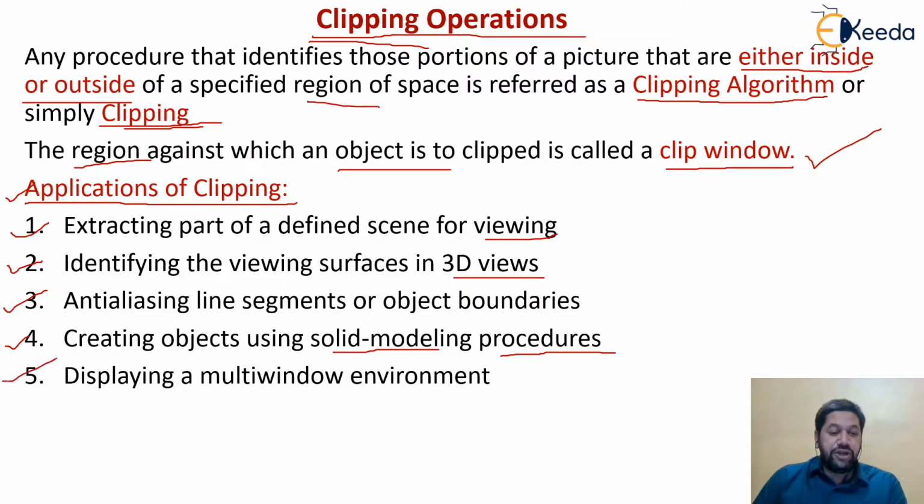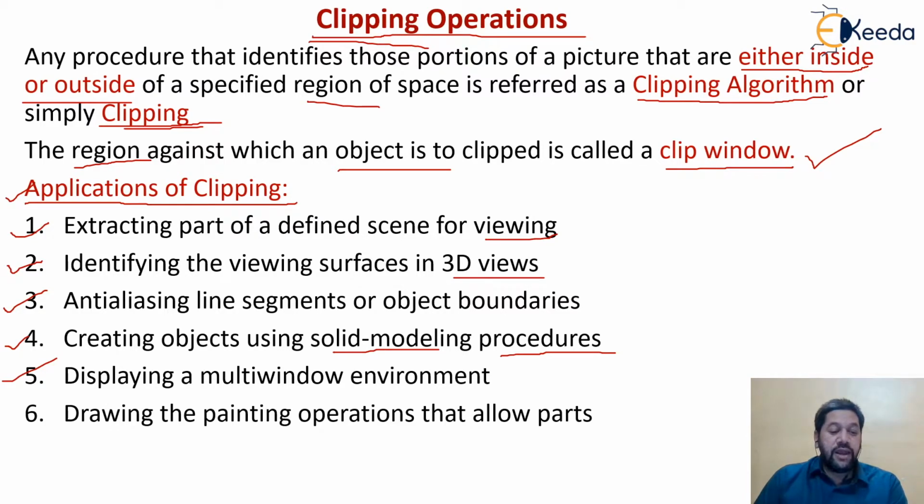The next application is displaying a multi-window environment. If I want to display a multi-window environment, then also I will take the help of the clipping procedure. And the sixth application: whenever you take a photograph from your mobile, before posting it anywhere, you generally go for the beautify option, where you crop the image.